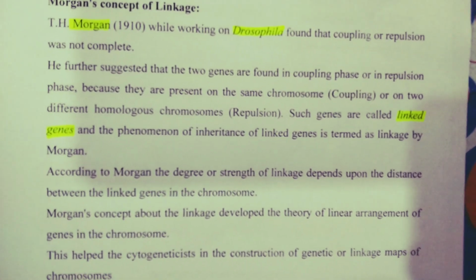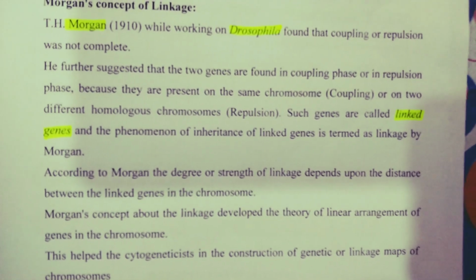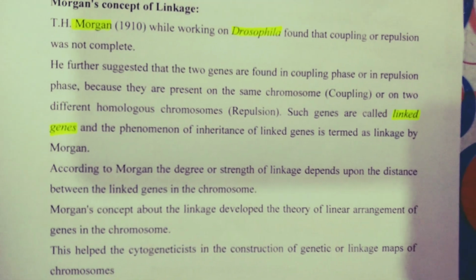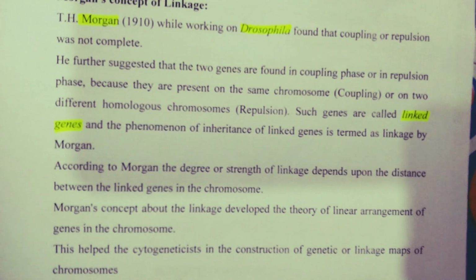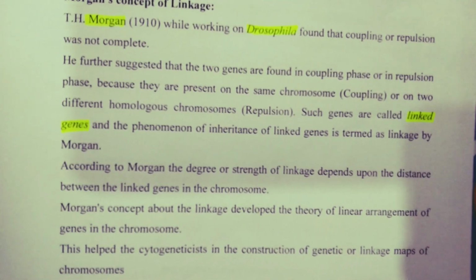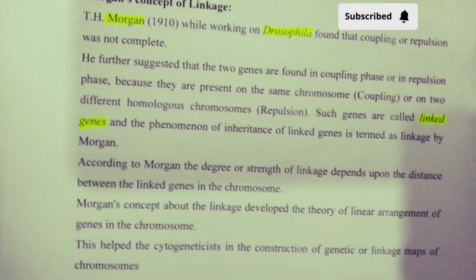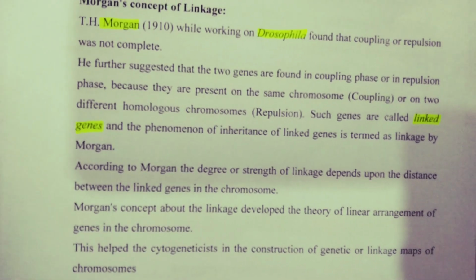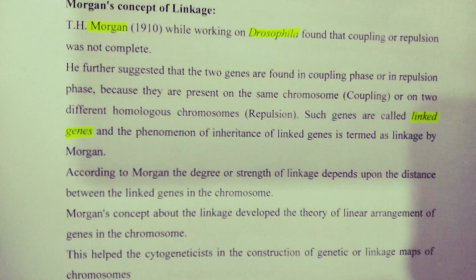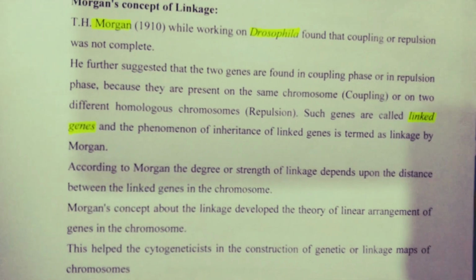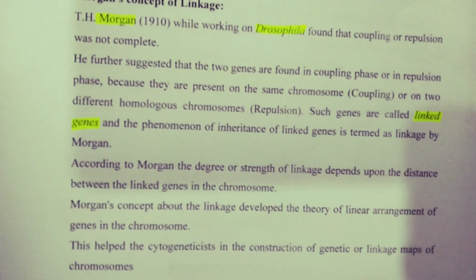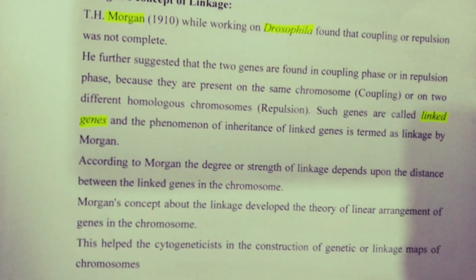If two dominant genes or two recessive genes are present on a single chromosome, they show coupling. That means they went to the gametes as they are, without change. That is called the coupling phase. We already studied this in the previous video.